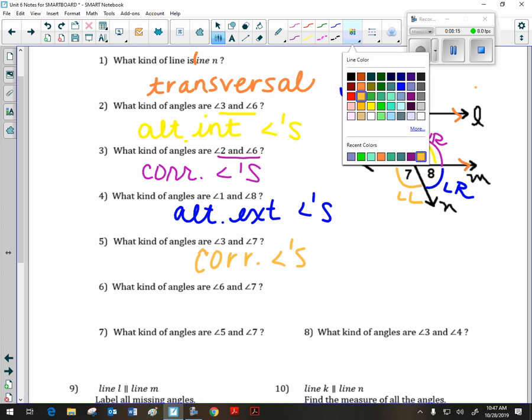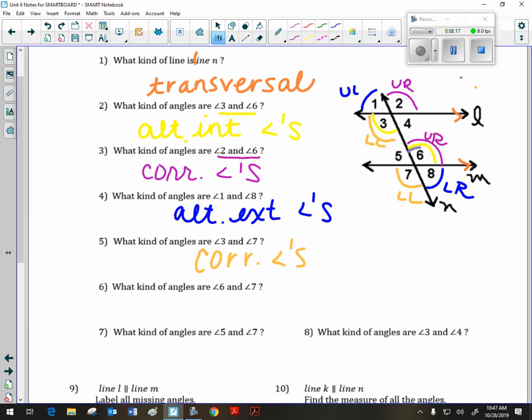6 and 7 is going to take us back a day. Angle 6 and angle 7 are angles that are opposite each other on intersecting lines. Those are what we refer to as vertical angles. Number 7, what kind of angles are 5 and 7?